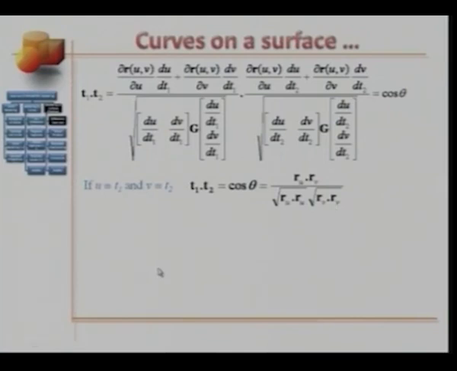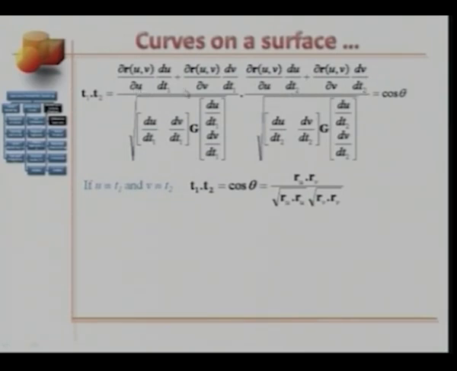You can verify this. If u equals t1, this expression is 1. If v is equal to t2, t1 and t2 are independent parameters, so this result is going to be 0. Likewise, this result is going to be 0 because u is t1 and dt2 over dt2 where v is t2 will be 1.